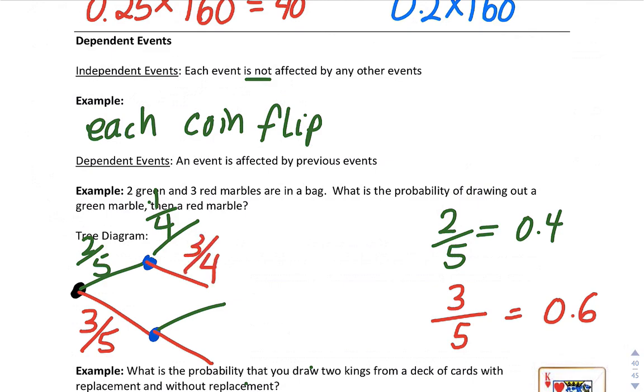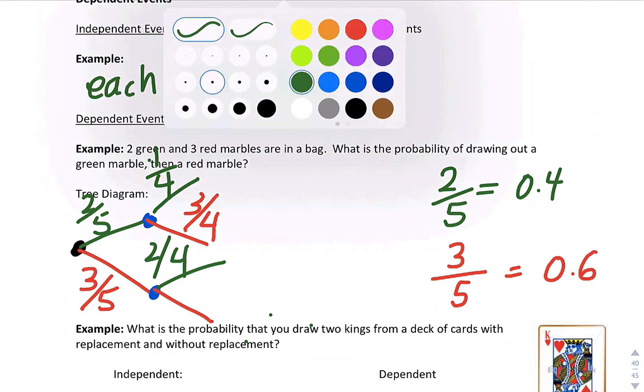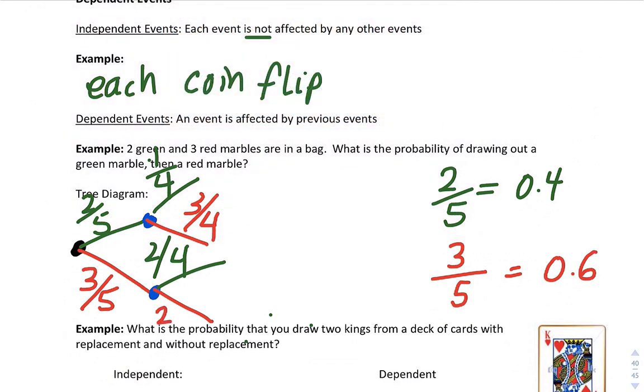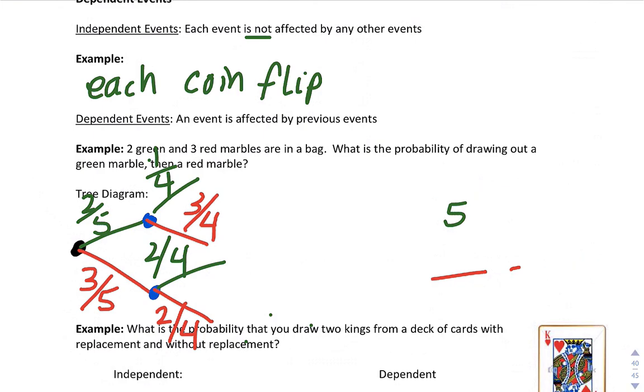And here, if you draw a red marble first down here, and then a green marble, there's 2 green marbles out of 4. And then if you draw a red marble and another red marble, there's 2 left out of 4. So let's take a look at what they're asking. What's the probability of drawing out a green marble and then a red marble? So green marble and then a red marble.